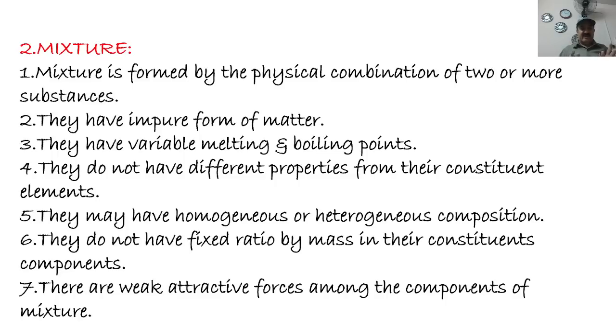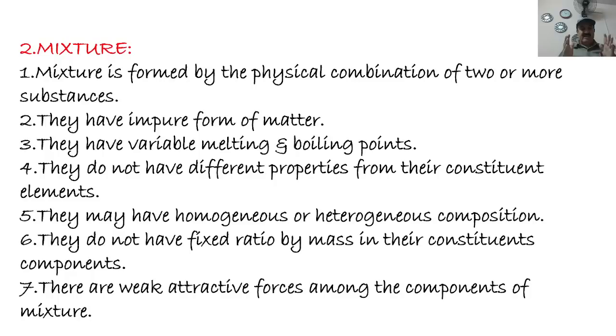Number five, they have homogeneous or heterogeneous composition, so mixtures are of two types, homogeneous and heterogeneous. Number six, they do not have a fixed ratio by mass. You can mix the components in any amount, in any ratio.